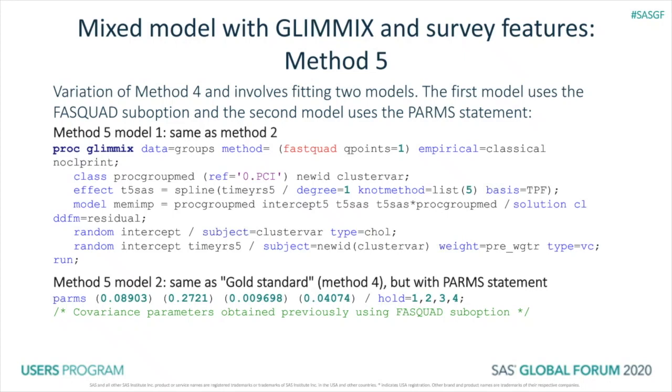So we fit model 1, obtain the covariance parameter estimates, and then we fit model 2 with a PARMS statement. The sub-option hold equals 1, 2, 3, 4 is telling the model to constrain these 4 covariance parameter estimates to the numbers that I have provided.